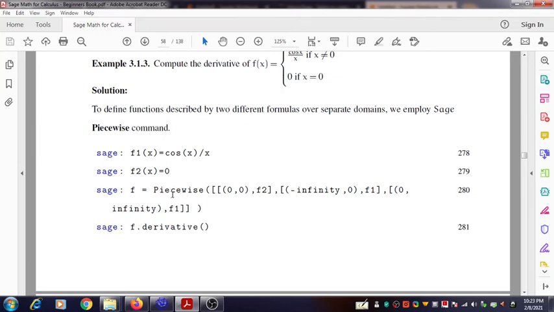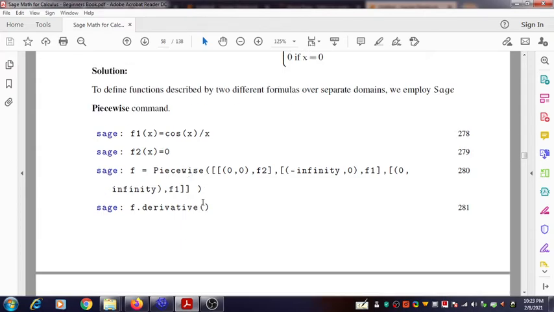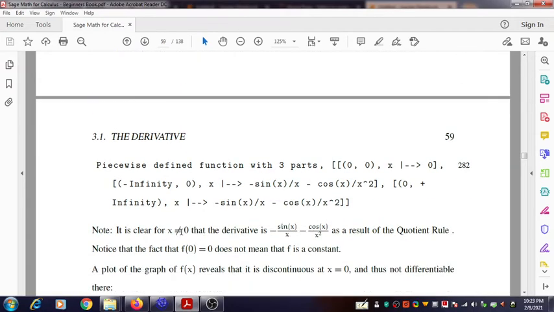We want to display the plot of this function, and that's the thing we are more interested in at this point of time.